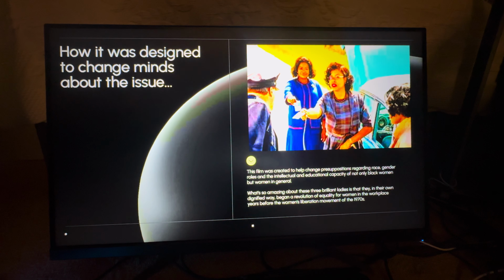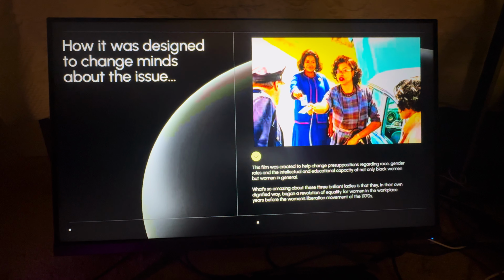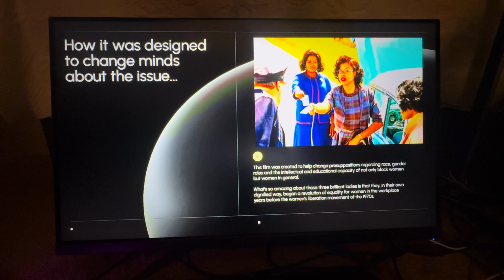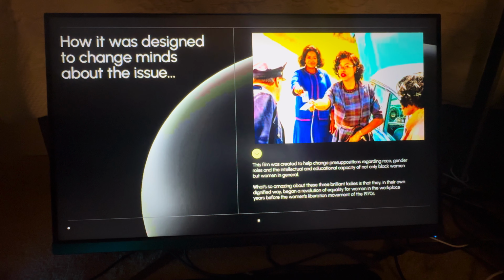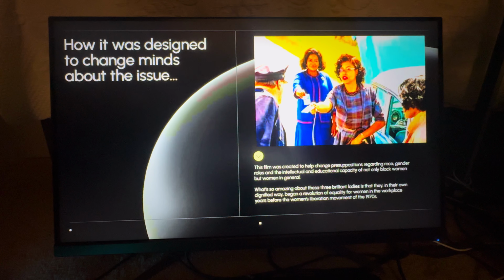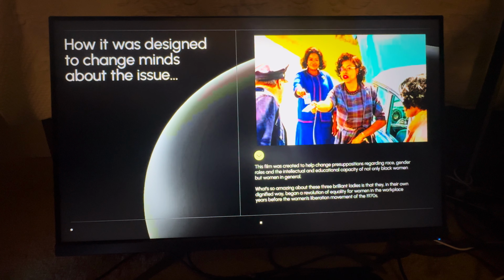These women weren't just standing up for themselves but for women in general, which is very brave and selfless, and I truly admire that. In their own dignified way, these three brilliant ladies began a revolution of equality for women in the workplace years before the women's liberation movement of the 1970s.